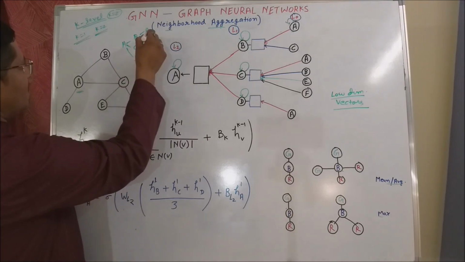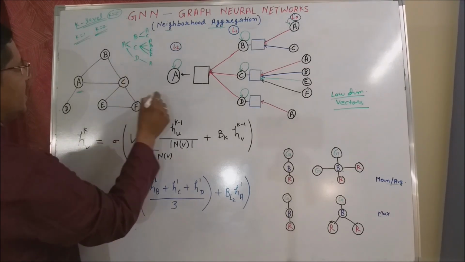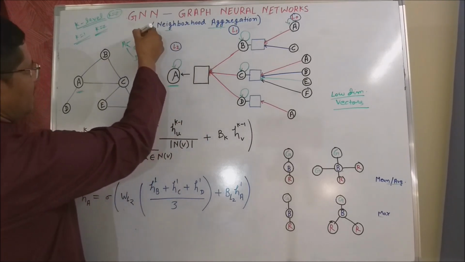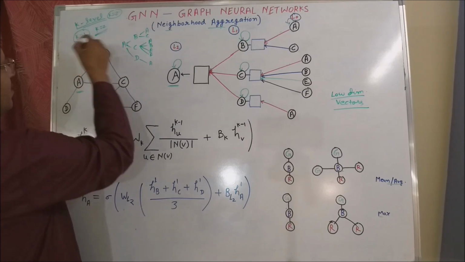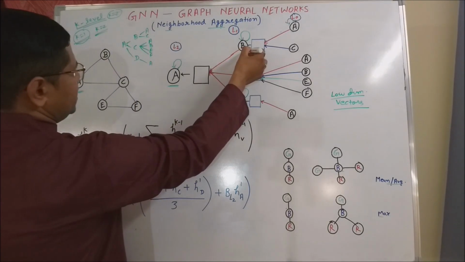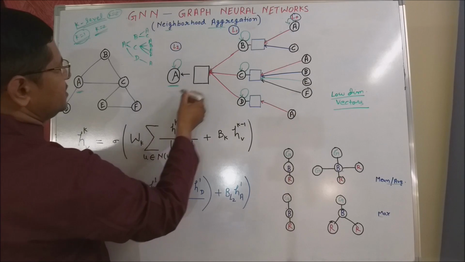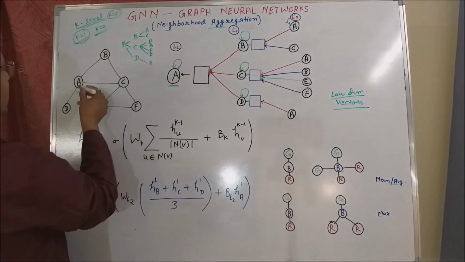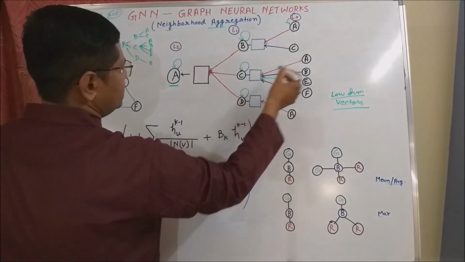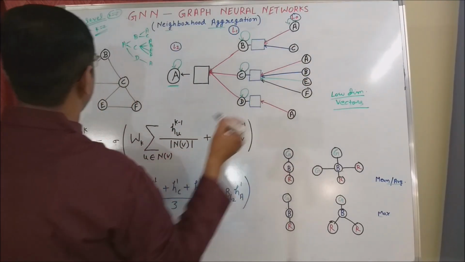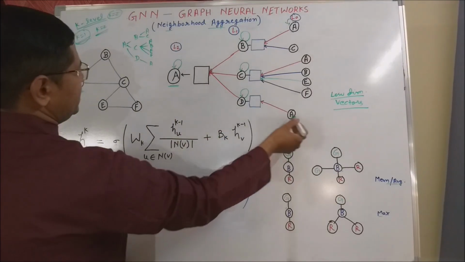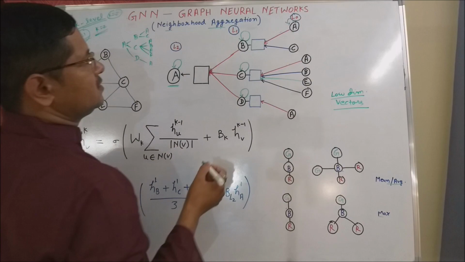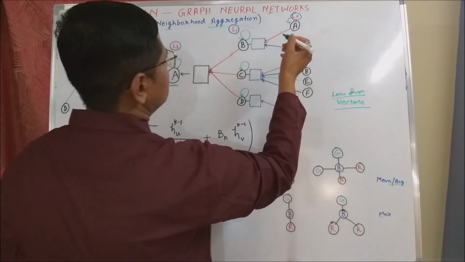So in the case of two levels of neighbors, here you can see that for node A, the first level of neighbors are B, C and D. Second level neighbors, and it means neighbors of B is A and C, neighbors of C are A, B, E and F, and neighbors of D is A. So now let us try to understand how actually it works.